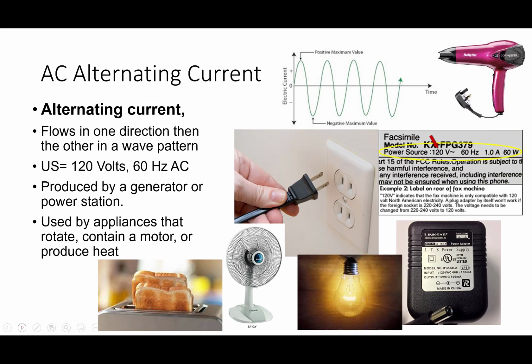Now, alternating current is produced in a different way by power stations, and that alternating current flows more like a wave pattern. Alternating current actually alternates. The electricity moves in a wave, first one direction and then another, and one direction and another.